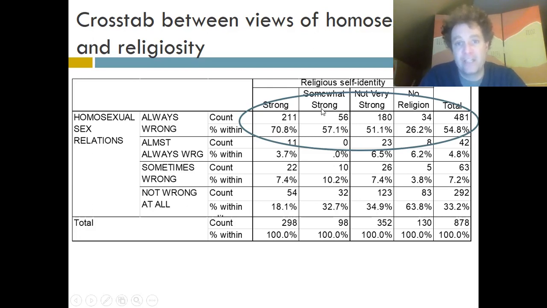Then as their religiosity weakens, to somewhat strong, the view that it is always wrong drops to 57, not very strong drops to 51. And if a person has no religion at all, it drops to about 26% who think it's always wrong. So as a person's religiosity decreases, the view that homosexual sexual relations are always wrong also decreases. This is giving us an answer: there does seem to be a relationship, a correlation, between religiosity and views of homosexuality.